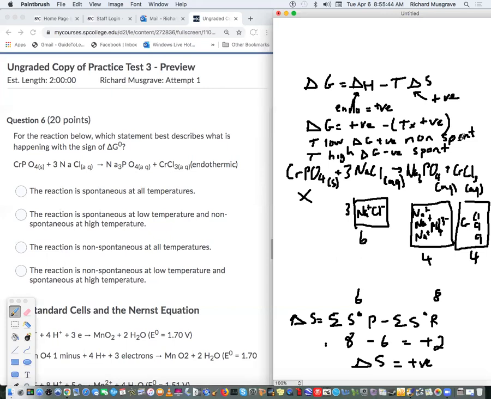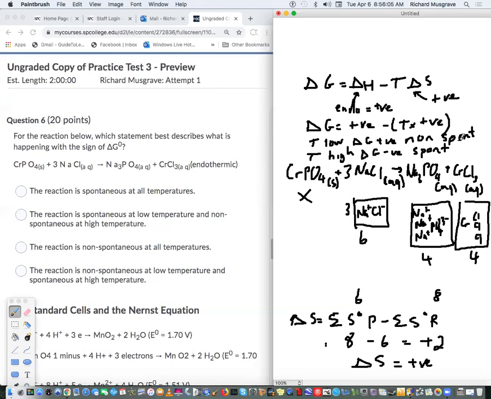I don't know. Okay, so the answer here is really just pure math. If you've got a positive and you're subtracting a value that's positive, if that value is small, the answer will be a positive value, smaller than what you had, but still positive.